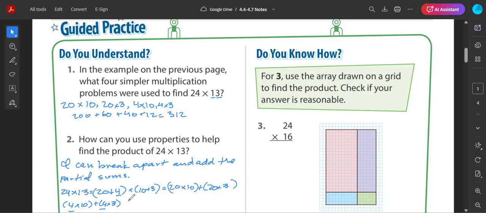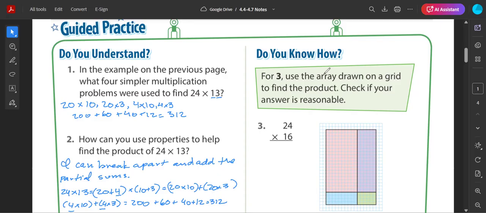So now we can go ahead and solve it, and you would have still gotten 312, because you would have gotten 200 plus 60 plus 40 plus 12. That equals 312.